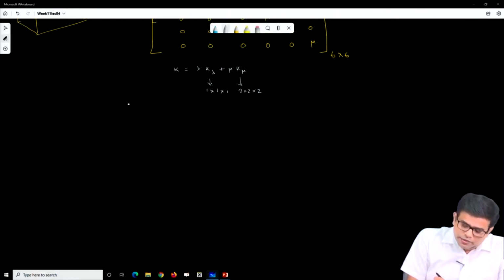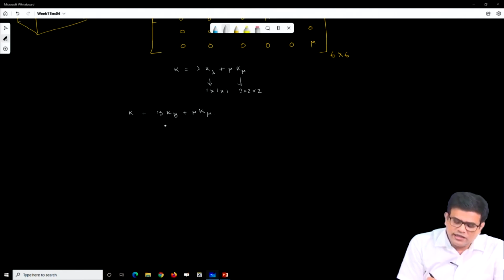So, basically we can now write K as my bulk modulus into Kb plus mu into K mu. Now here again, this I can integrate with the 1 cross 1 rule for 2D, and this I can integrate with the 2 cross 2 rule.